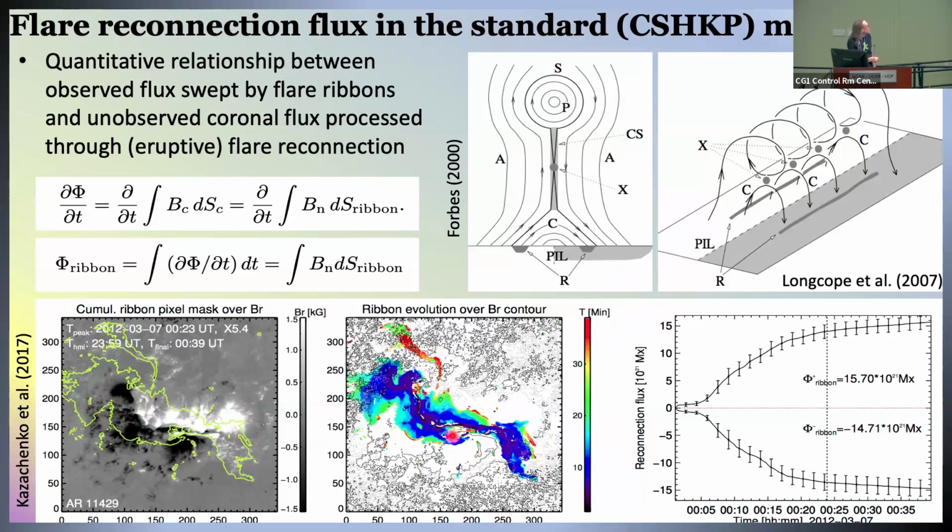So the flare ribbons start very close to the polarity inversion line. They kind of rapidly form all the way along the polarity inversion line, and then they slowly sweep away. So there's kind of two stages of reconnection.